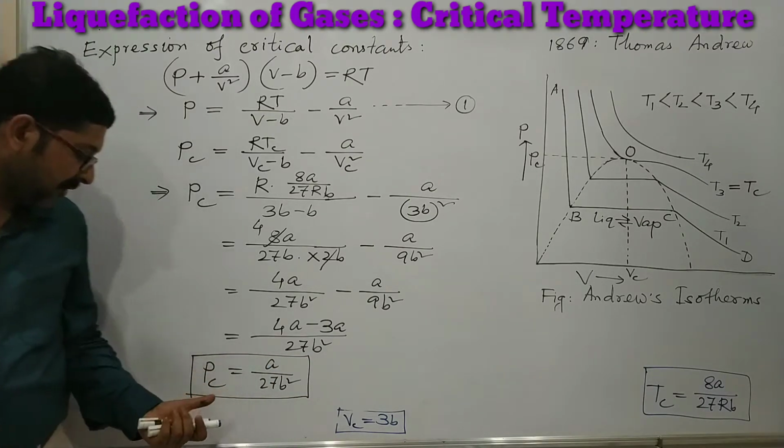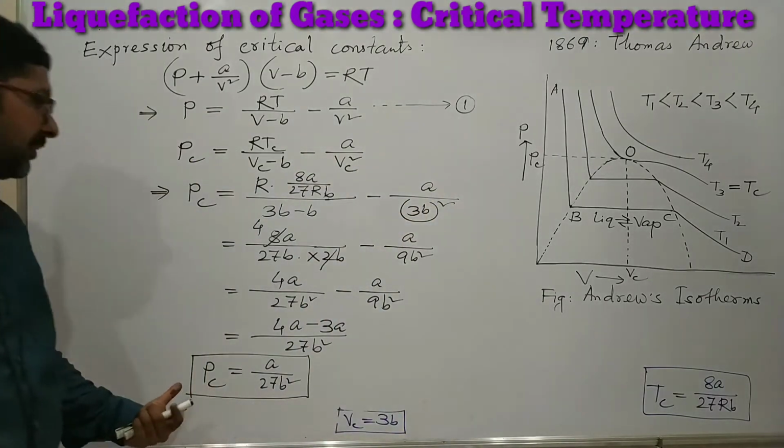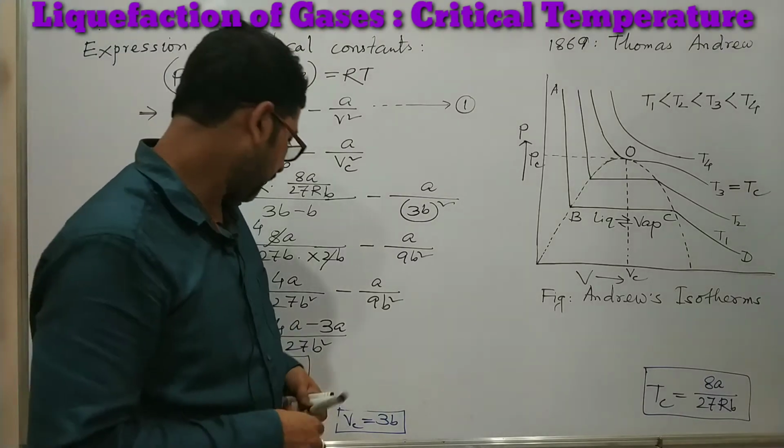So these are three expressions. This is Vc, this is Tc, and this is Pc: critical temperature, critical volume, and critical pressure.